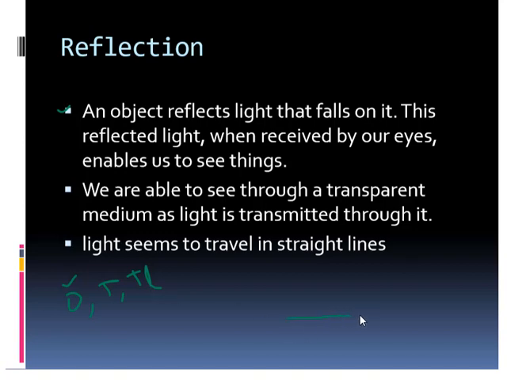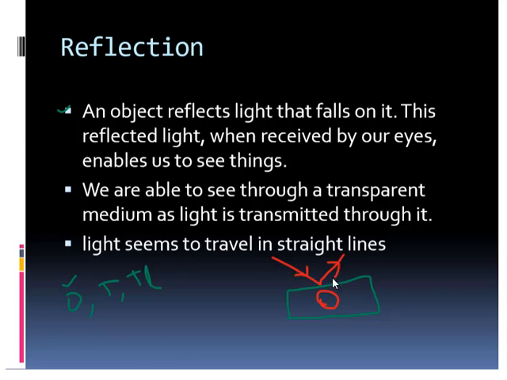So suppose this is an object. Now this is a ray of light which falls on the object. If it is an opaque object, now this light will be reflected back. This ray is known as incident ray.